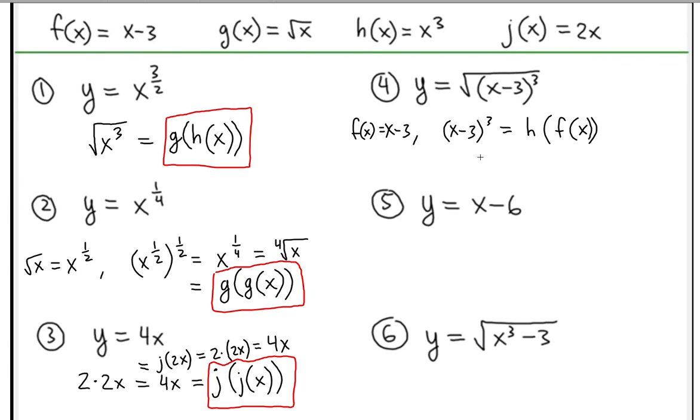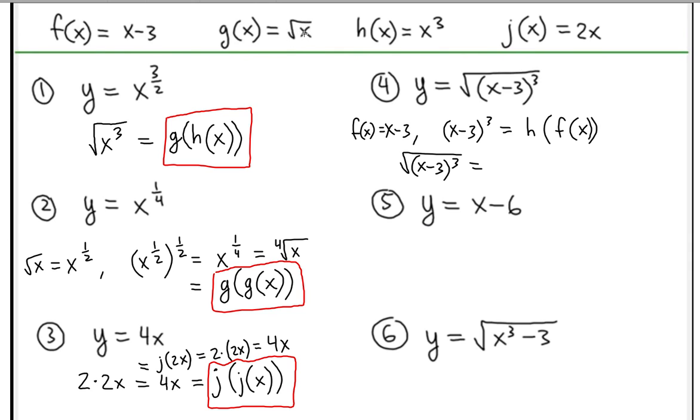Now that's not everything. Notice that we're going to have more than two functions participating in the composite function. We're actually going to have 3, because now we need to take the square root. So if you take the square root of x minus 3 cubed, you're going to take this whole composite function that you created and put it under the square root of the g, right?